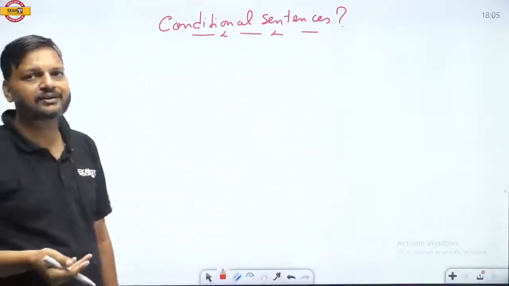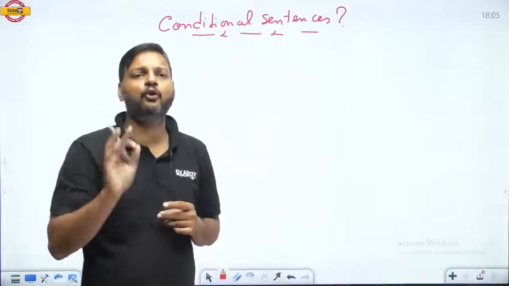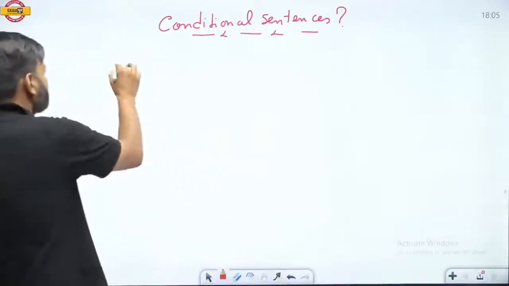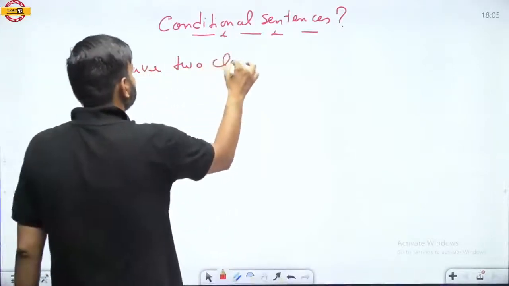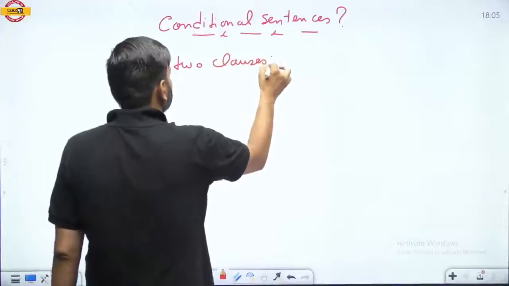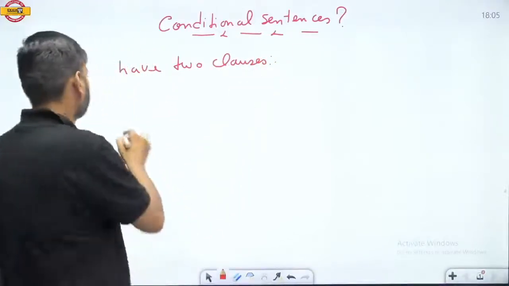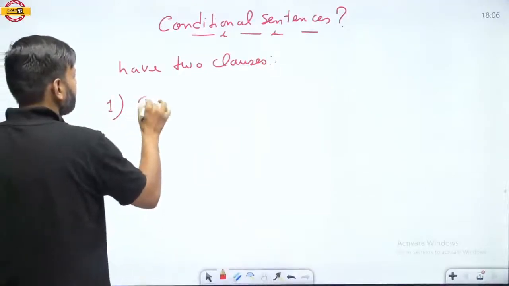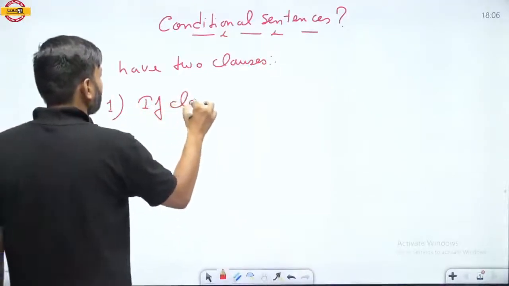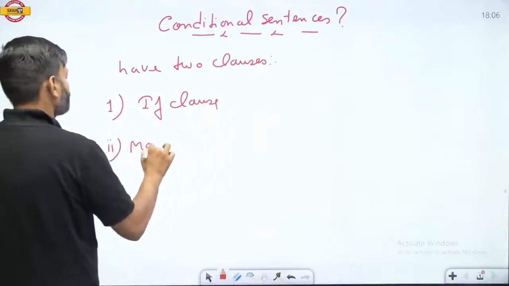So the first thing is, what are conditional sentences? Conditional sentences consist of two clauses. One, the if clause, and second, the main clause.